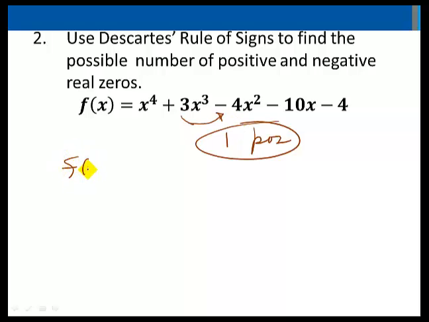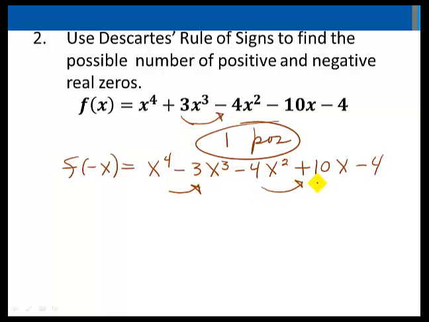So f(-x) here is equal to x^4 - 3x^3 - 4x^2 + 10x - 4. And we have 1, 2, 3 variations in sign, telling me there are either 1 or 3 negative real zeros.